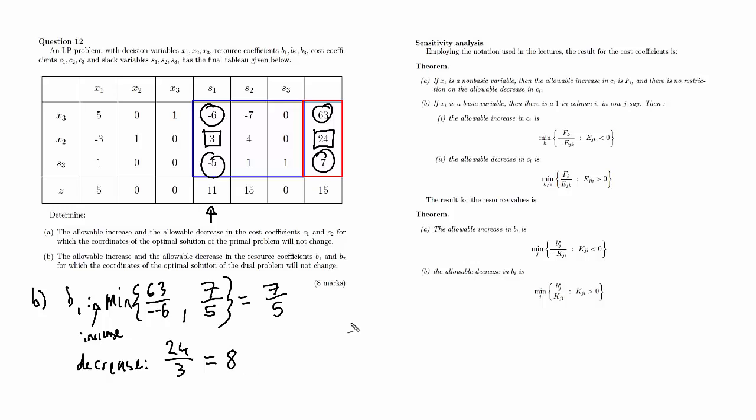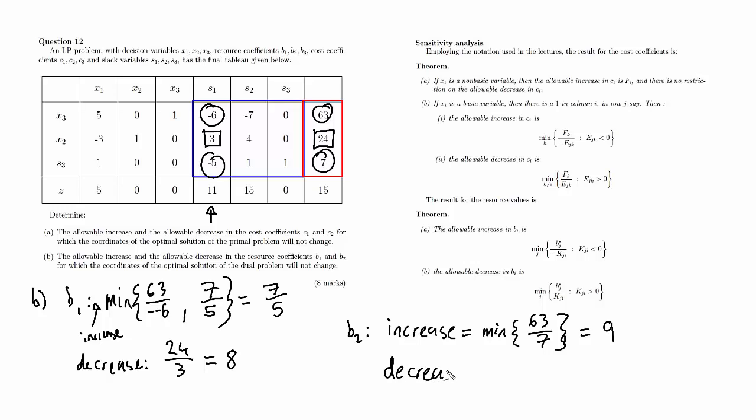We repeat the same procedure for B2. The increase is the minimum of 63 on 7 and nothing more because there's no other negative values to consider. 63 divided by 7 is 9, so the allowable increase is 9.